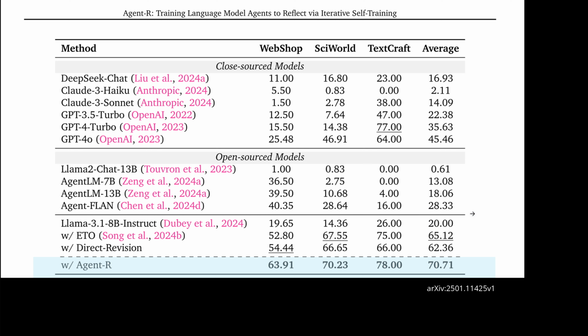Now, of course, I have to give you here the performance data, the benchmark data, and as I told you, WebShop or SciWorld or TextCraft or whatever, here you have the different LLMs, here you have your different agents, and of course, here in the last line, you have your Agent R. And as you can see, as expected, for those selected benchmarks, they have the best performance overall.